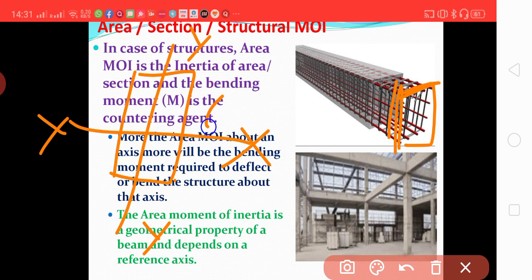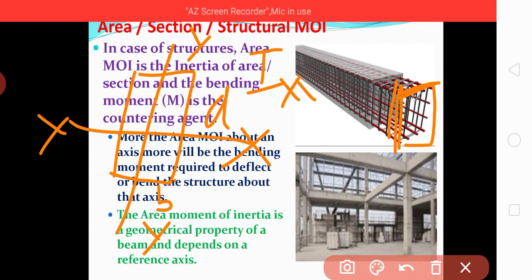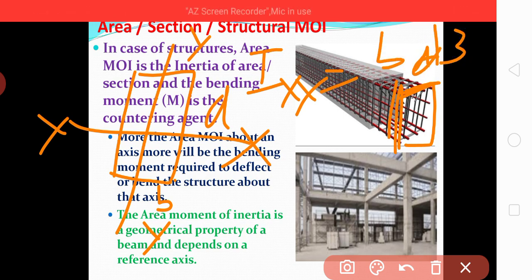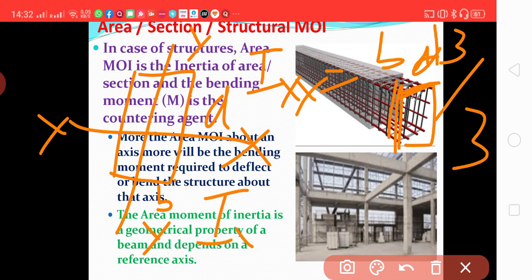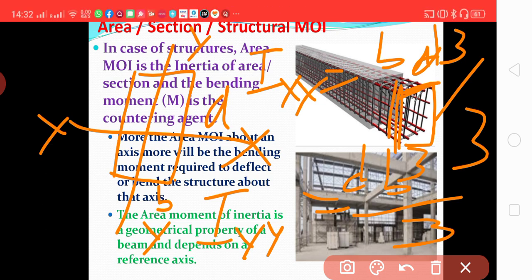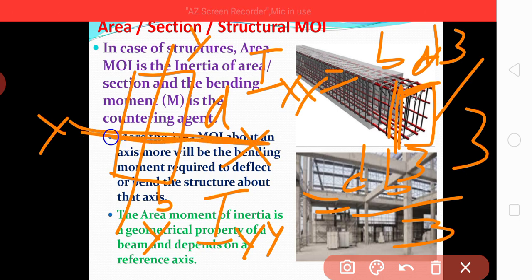If this is the d and this is the b, then Ixx is bd cube by 3 and Iyy is db cube by 3. Means the cube is of the dimension which is vertical to the axis.